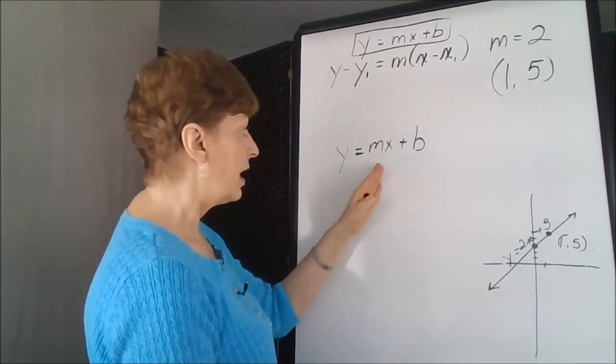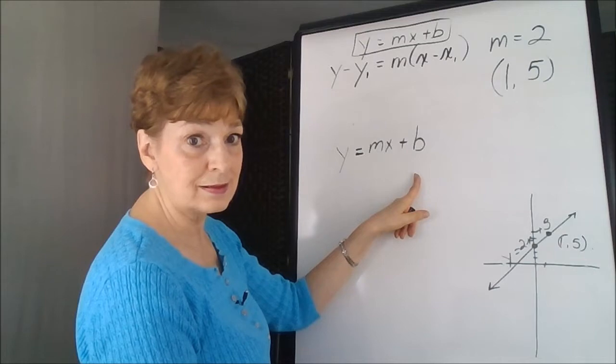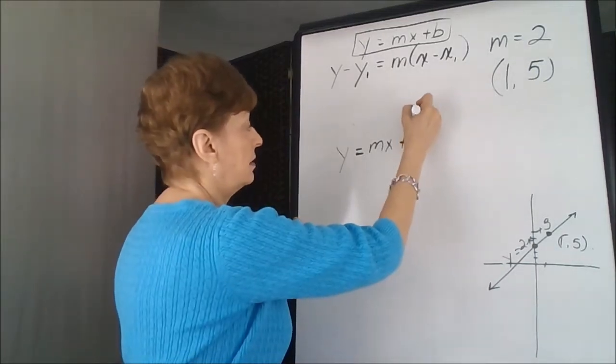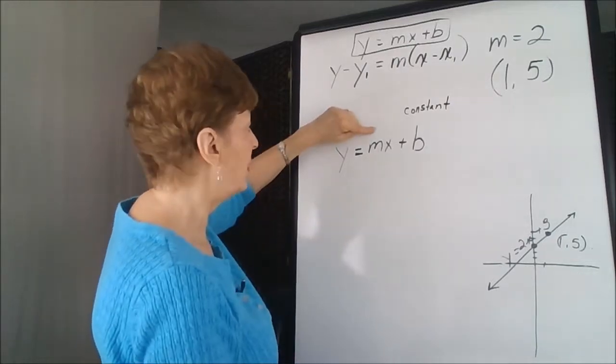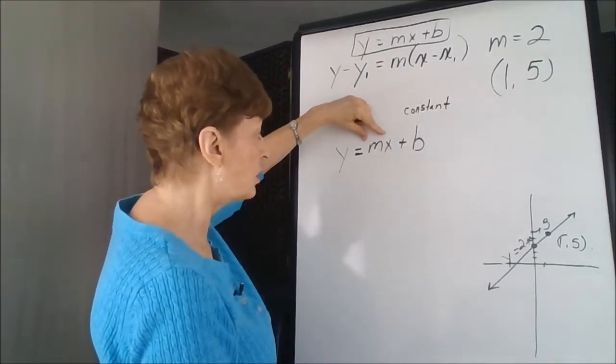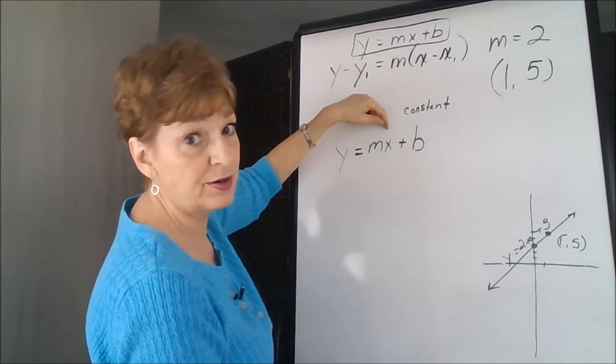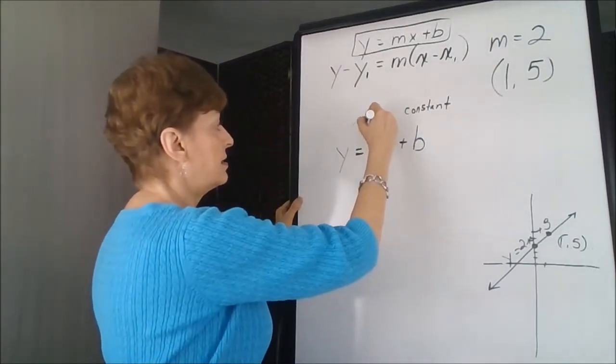You have a situation where you have a constant. And you also have something that is multiplied by another factor. So this is like a multiplication piece.